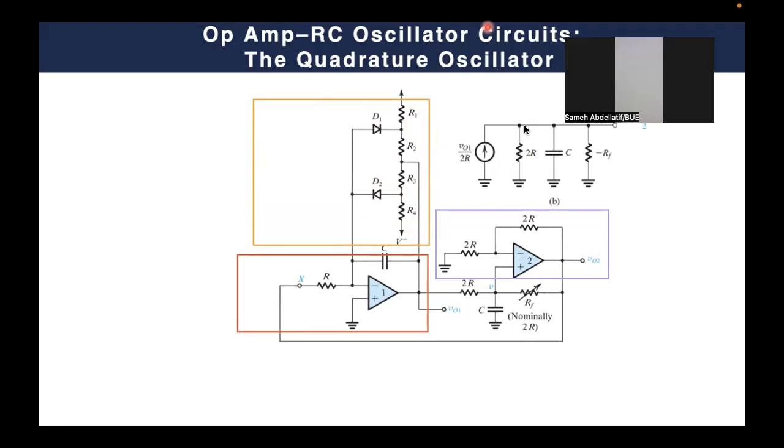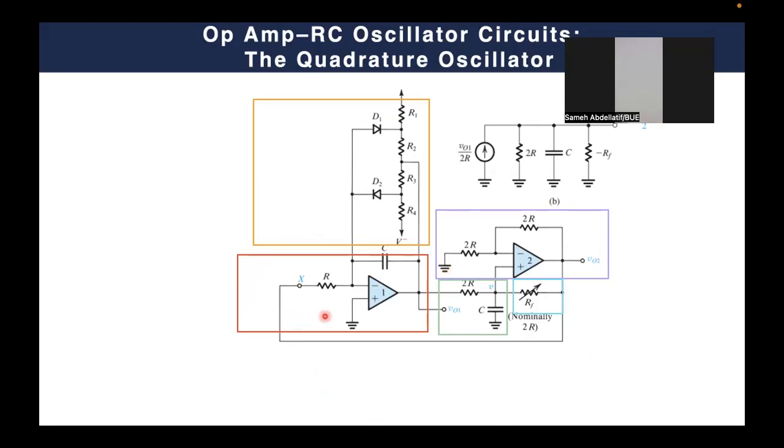I'm sorry for all these squares or rectangles, but it is the simplest way to make it. So this purple box represents a very standard amplifier. It's a double gain amplifier. We don't have to think about it. It's a gain equal to 2. Let's keep it.